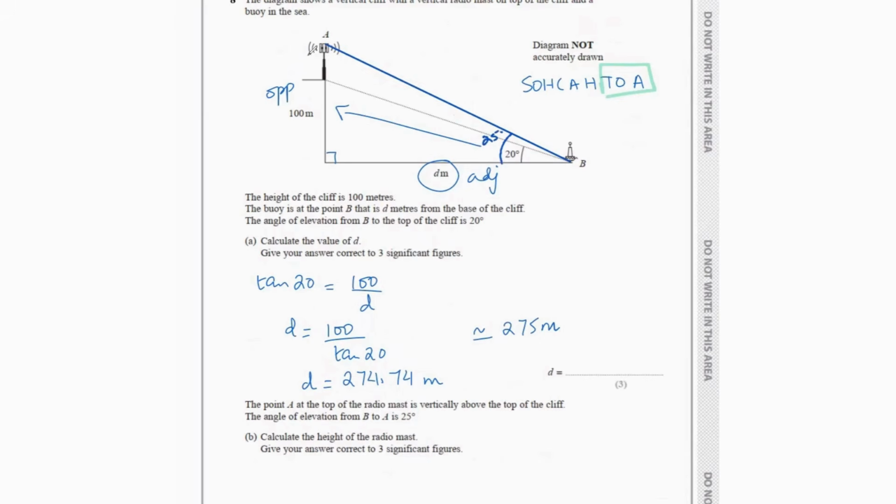So we have to find the height of the radio mast, this thing. We already know the value of D, which is 275. So using the value of D and the angle, we find the opposite, but now we find the total length, 100 plus x, all of this. And then once we have the total length, we will subtract 100 from it to get the height of the mast.